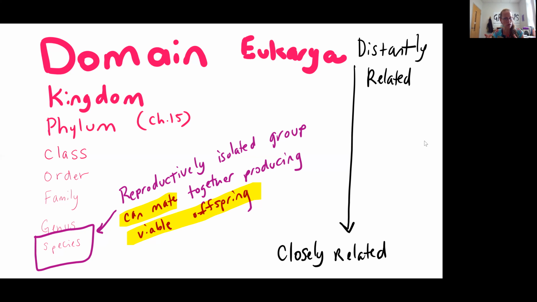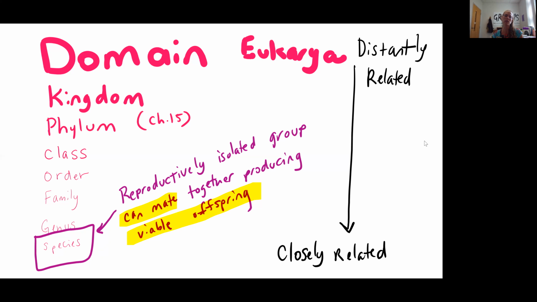Now, you may be able to cross a dog and a wolf, but in nature, they're not likely to run in the same circles. They're not likely to attract each other. And then their offspring may or may not be accepted in either the wolf population or the dog population. And so, that's partially how we would designate the wolf and the dog as different species.